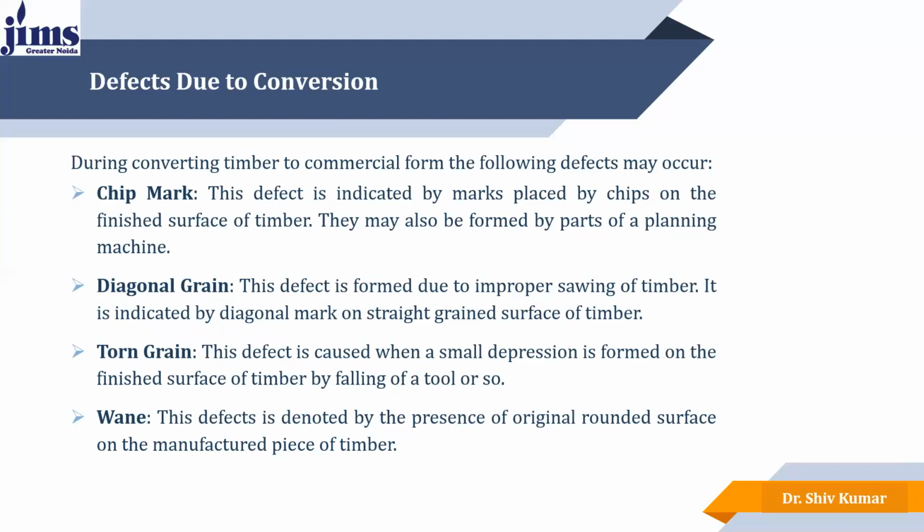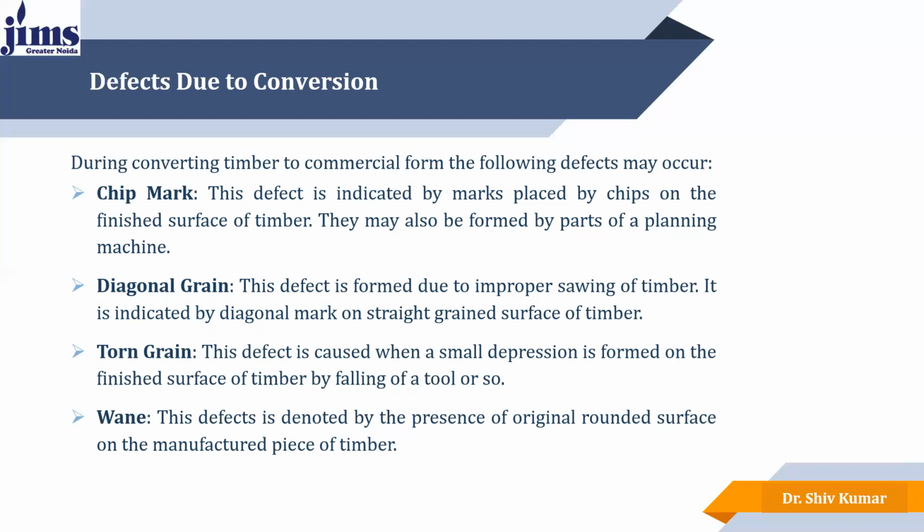When we are sawing or splitting the timber into two parts, these marks can be visible if we are not doing it properly. The next one is the torn grain. This defect is caused when a small depression is formed on the finished surface of timber by the falling of a tool.